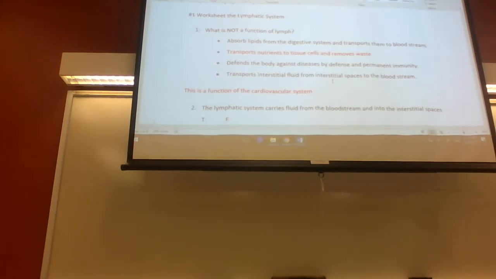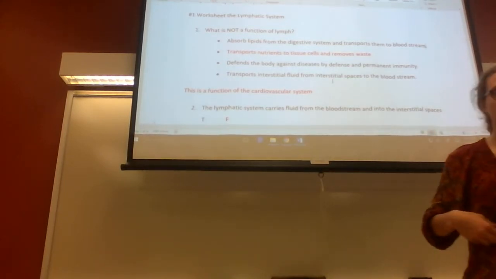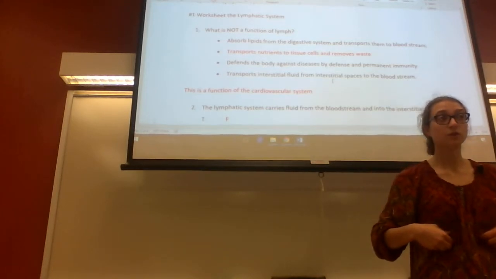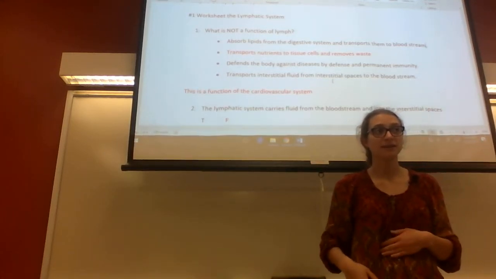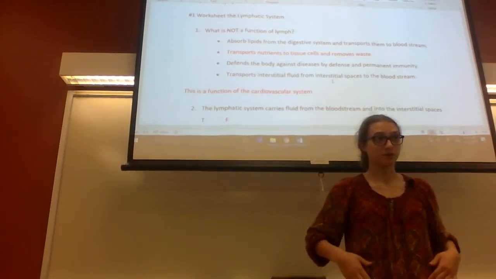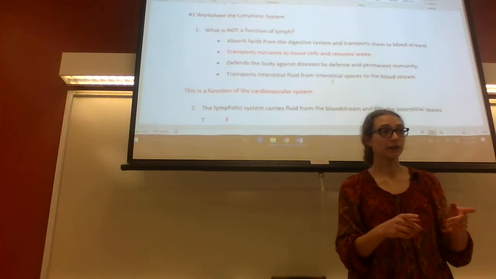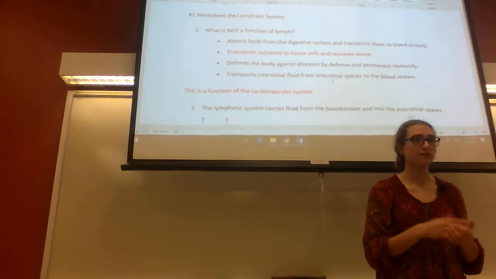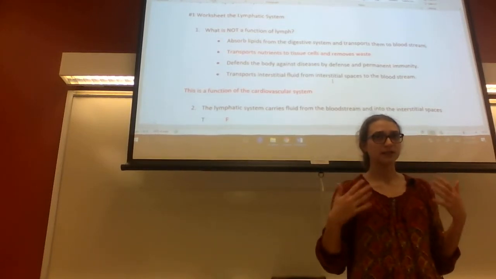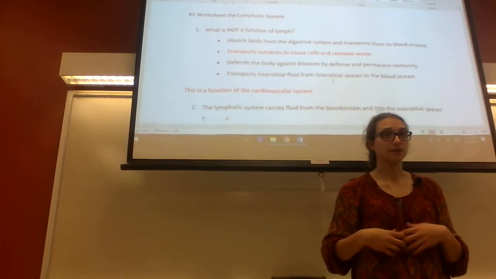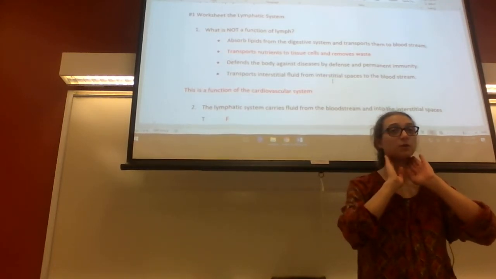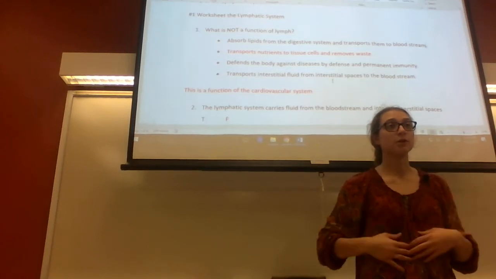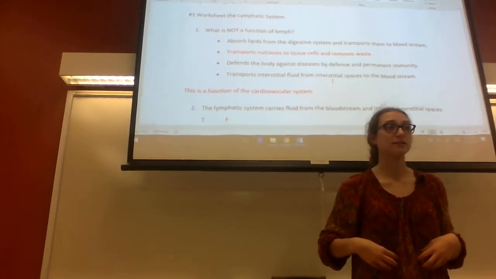So lymph, the fluid, absorbs lipids from the digestive system and transports them to the bloodstream. And what are those called? The lymphatic glands in your digestive system. Yeah, you have lymph nodes, but they're also called something else within your intestine. You have lymph nodes in your groin and in your abdomen, which, a little bit of a tangent, but some kids, when they get an infection or a viral illness, start feeling abdominal pain because not only do their lymph nodes in their throat swell up, their lymph nodes in their abdomen swell up too, and this causes the abdominal pain.